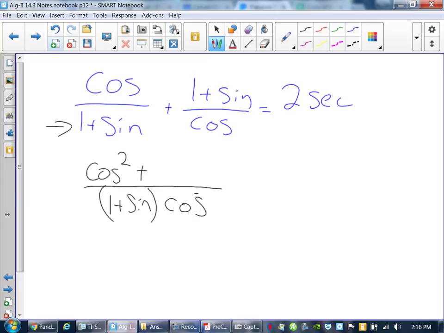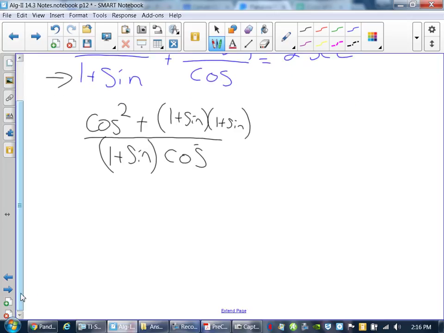Fraction on the right needs a 1 plus sine. So fraction on the right I'm going to have to actually FOIL. In this case it's not something horrible that you have to worry about foiling out, because it's the same thing times itself. So it's like junk squared. It's junk times junk. I'm going to get cosine squared plus 1 plus 2 sine plus sine squared.